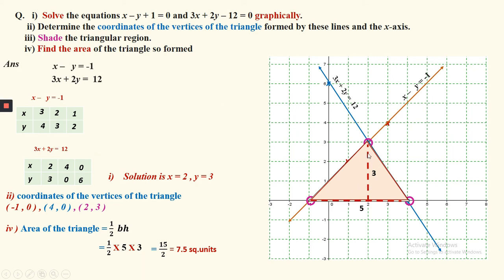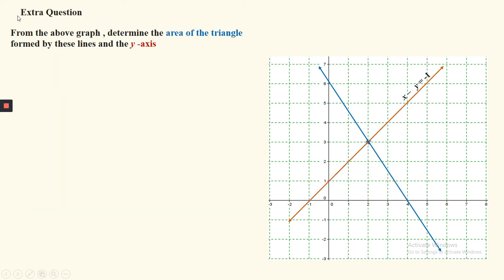So here we were dealing with the triangle that is formed with the x-axis. Now let us discuss an extra part of it. Had the question been to find the area of the triangle formed by the lines with the y-axis.